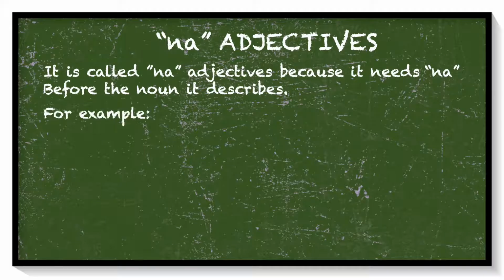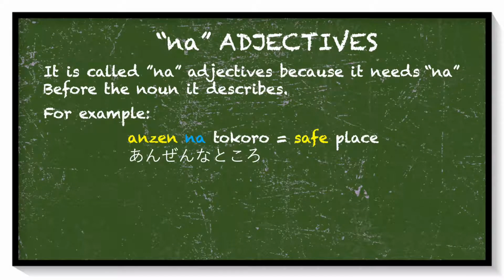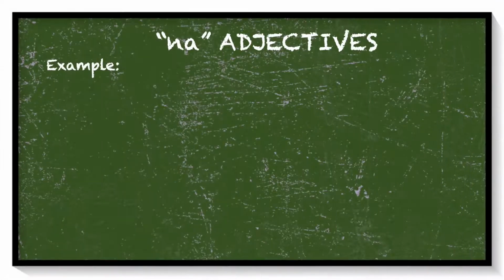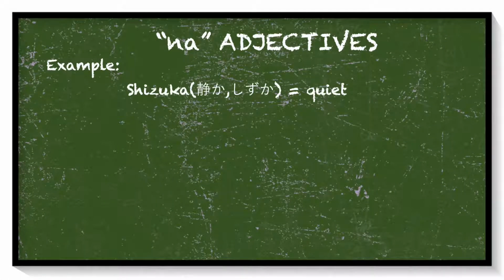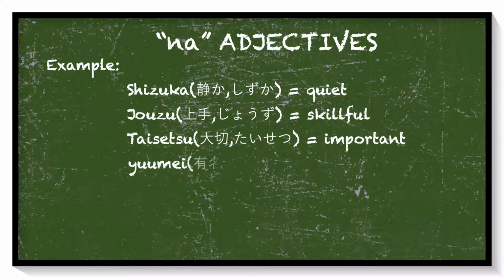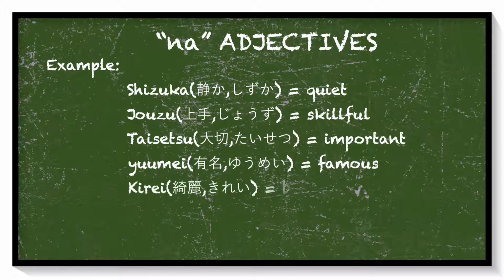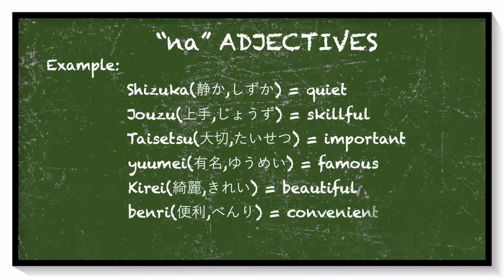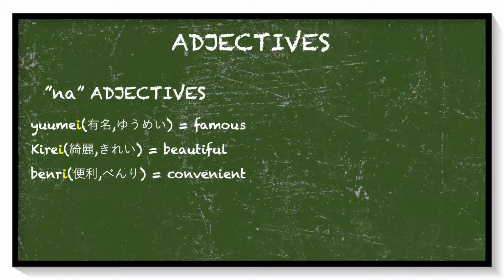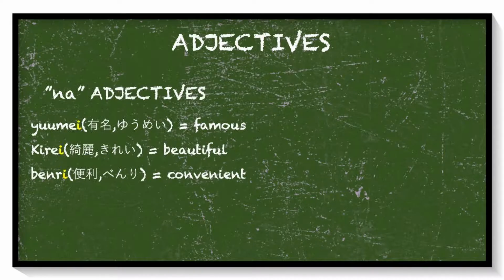For example, 安全なところ。大事な話。 Here are other examples of na adjectives. 静か。上手。大切。有名。きれい。便利。 There are na adjectives that end in i also. But the best way to know if it is an i adjective or na adjective is to check how they are written in kanji.